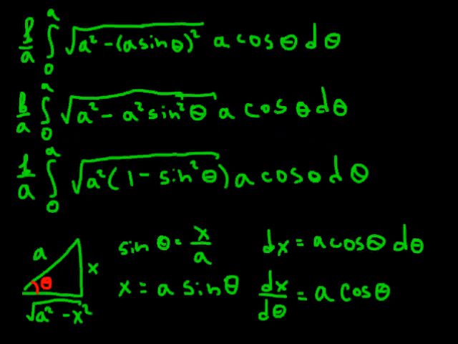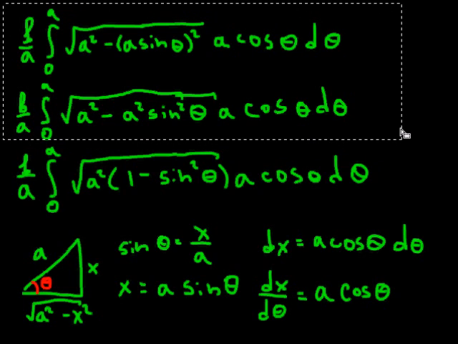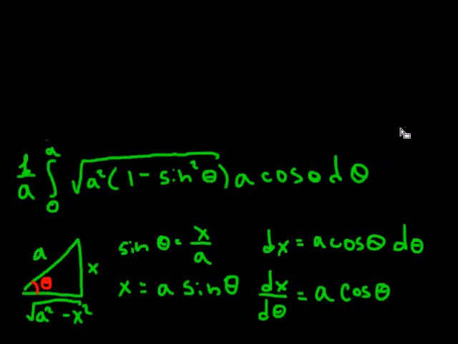Okay, now let's erase this. So let's keep simplifying this thing. We have b over a, integral 0 to a. Okay, when you take the square root of a squared, it's just a.